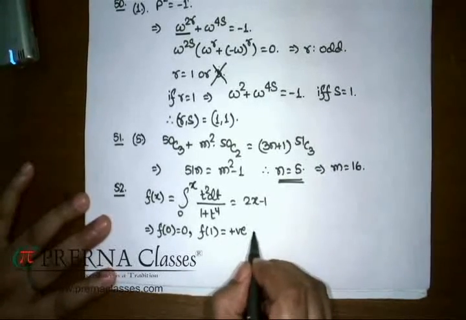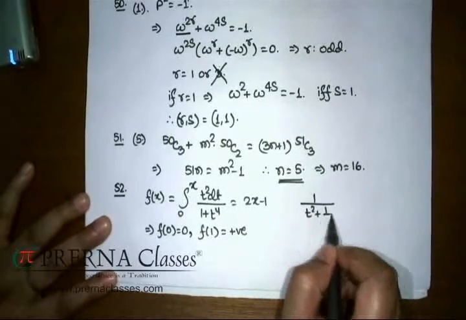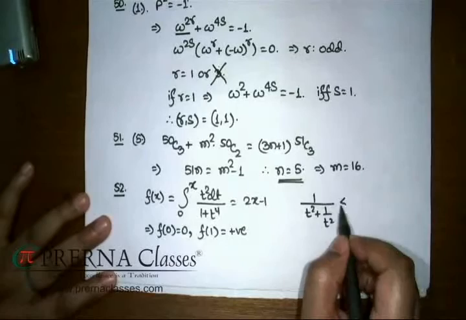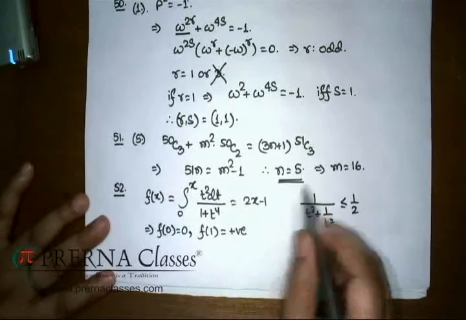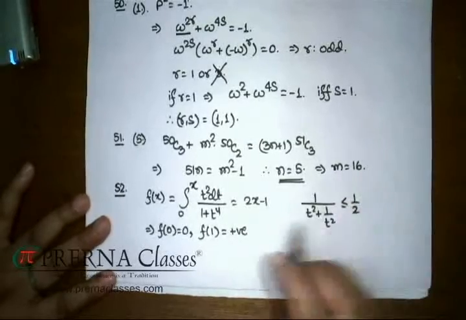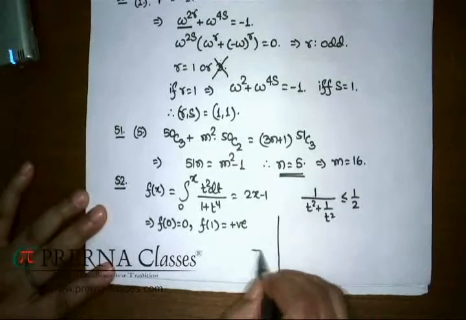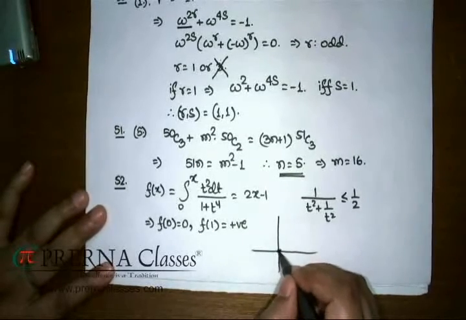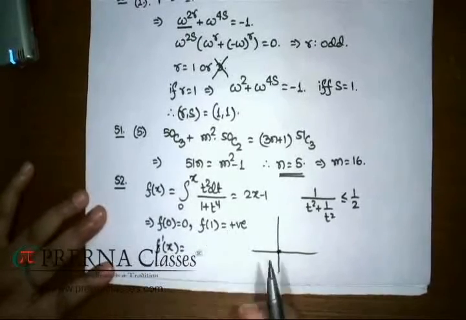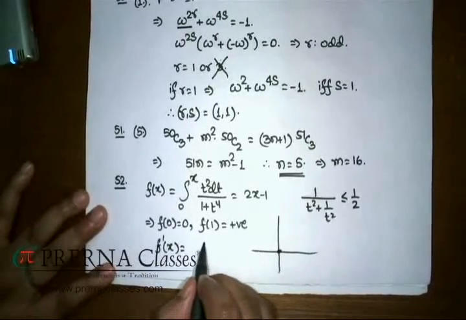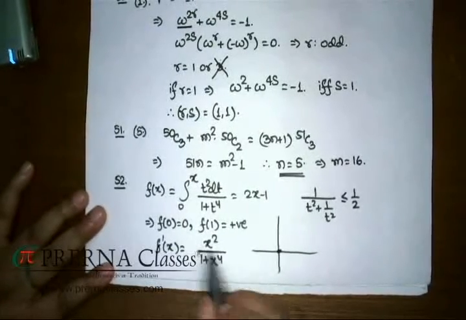Not only this, if I apply AM-GM on this expression, you can claim that this quantity is always going to be less than or equal to 1 by 2. Integrating it over any interval, you can check this is going to be a positive quantity. Once you know the graph is starting from 0 and its derivative value for positive x ranging from 0 to 1 is positive, you can safely claim that this is a positive expression.